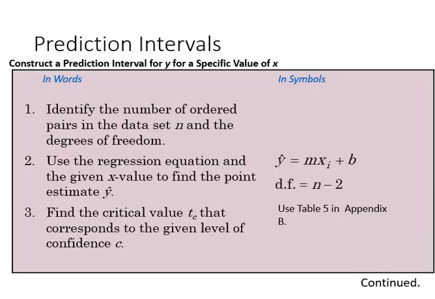And these are the steps for setting up our prediction interval. First, we have to identify the number of ordered pairs, which is our sample size, n. We use the regression equation, and given an x value, find the point estimate y hat, with degrees of freedom n minus 2. Then we find the critical value of t that corresponds to the given level of confidence using our t distribution table based on degrees of freedom.